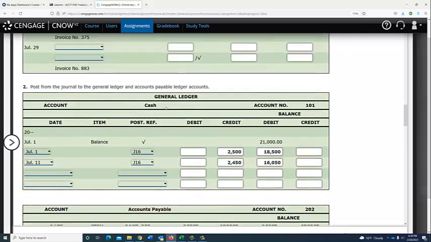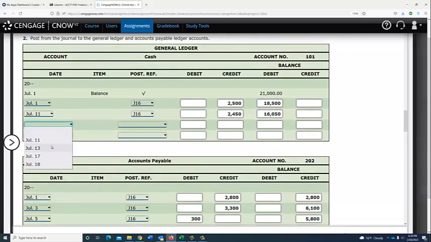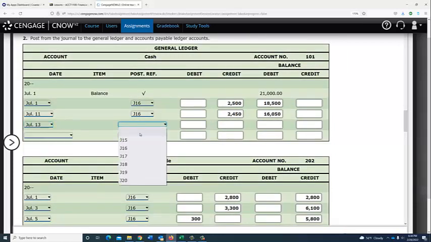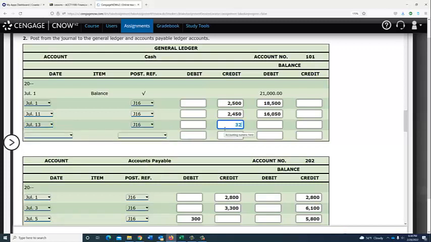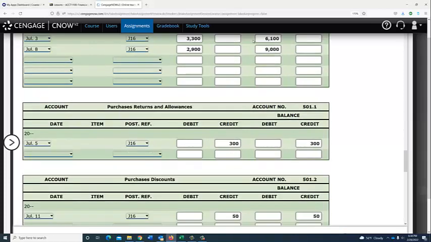Okay, we'll go back and enter the cash. The cash was for $32.67. So we have a cash balance of $16.050. We're going to subtract the check of $32.67. That gives us a $12,783 balance. Okay, and now we need to enter our purchase discount.